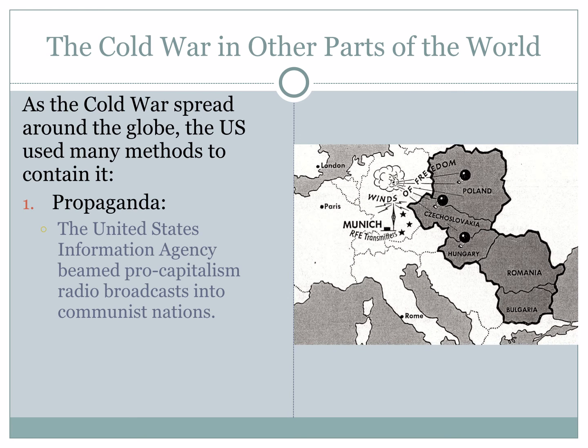A group called the United States Information Agency beamed radio broadcasts that were pro-democracy, pro-capitalism into communist countries. So you see in this picture here, it gives you that idea of radio stations in Western Europe sending radio messages into these communist countries, telling them about the benefits of capitalism, the benefits of democracy.